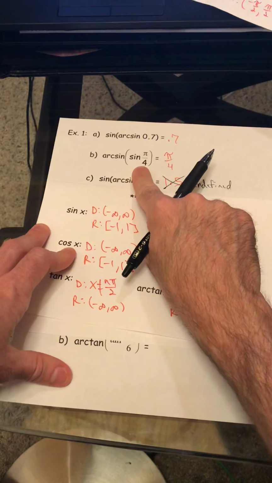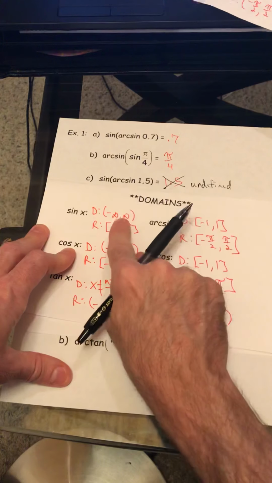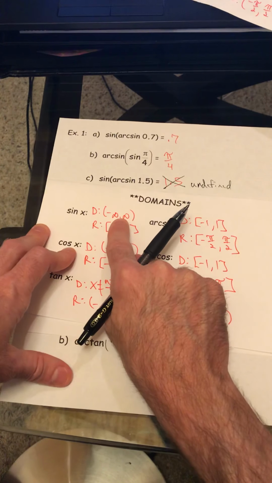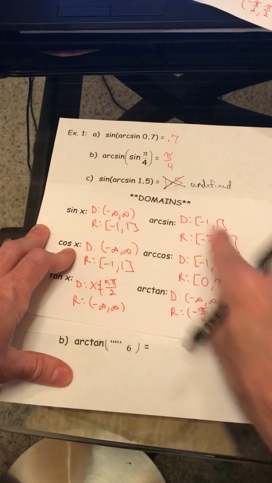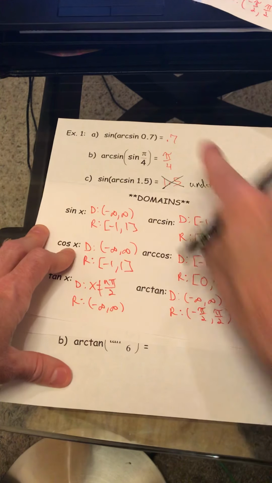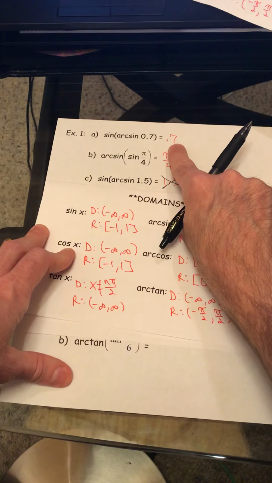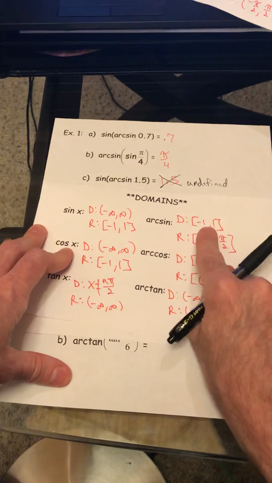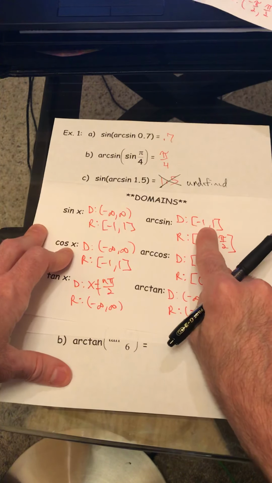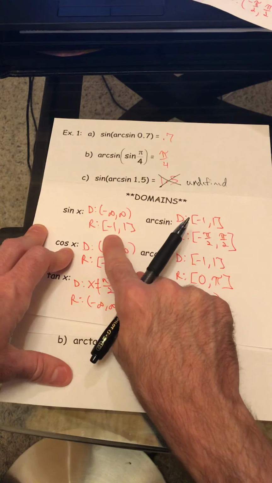If we come back up to this, the sine of pi over 4. Well, pi over 4 is in sine's domain. The other thing you do also need to look at is, for the outer one, is it in the range, which yes, it is. If we come back up here, arcsine of 0.7. Well, 0.7 is in arcsine's domain. 0.7 is also in sine's range.